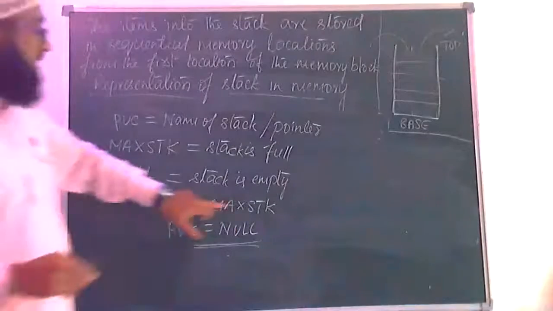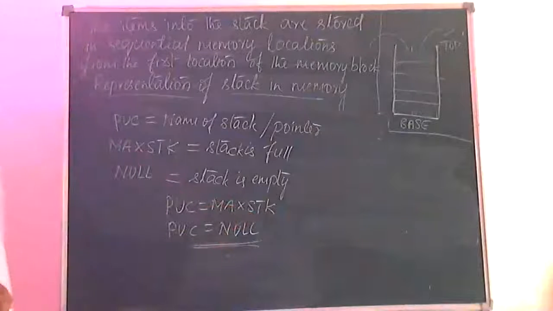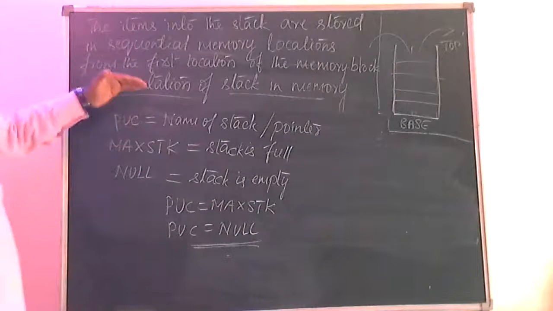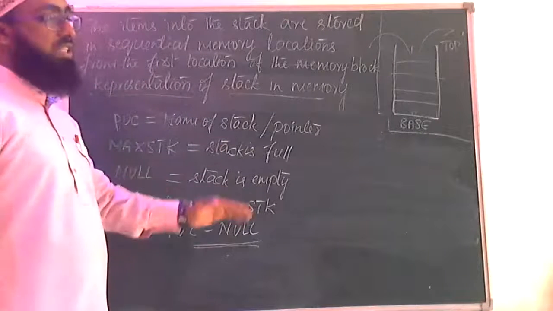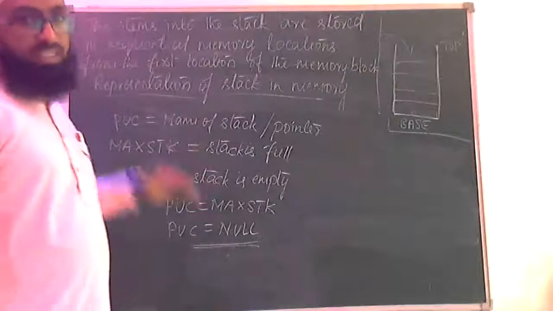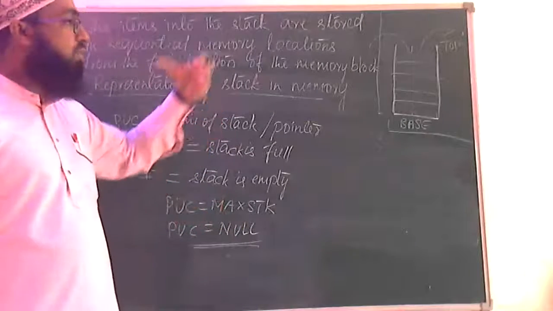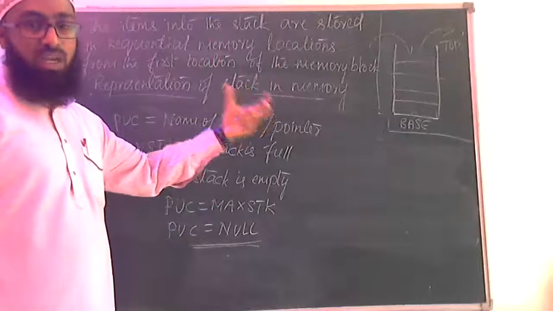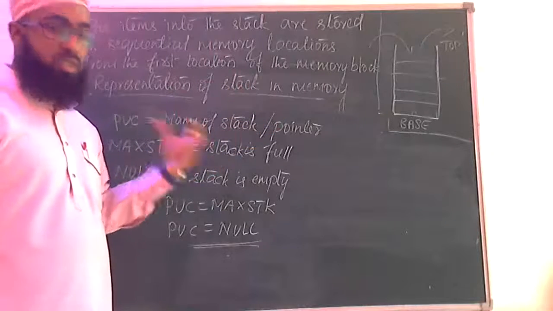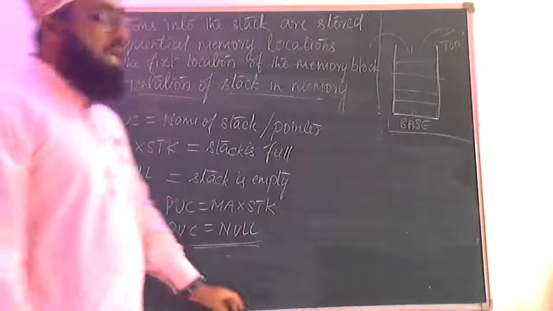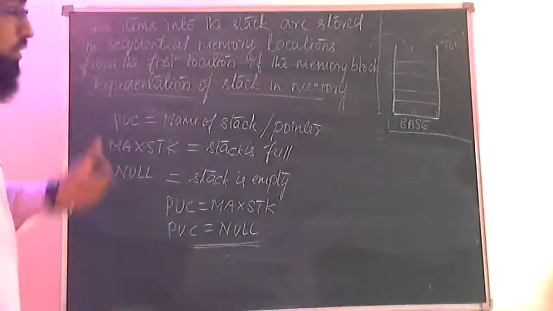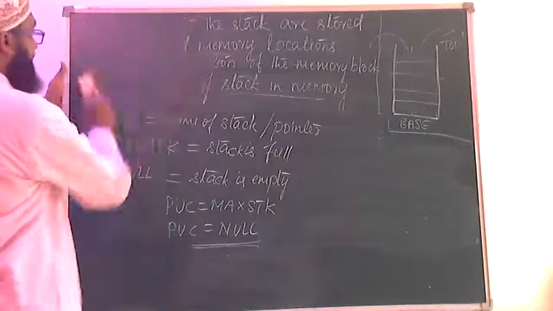If the stack is full, then it will be called PUC is equal to max stk. Like this, the static representation of a stack using arrays. I think you have understood this. Now come to the dynamic representation of a stack using a linked list.